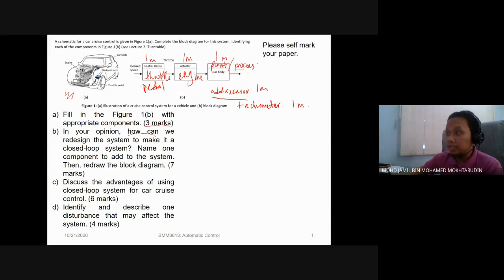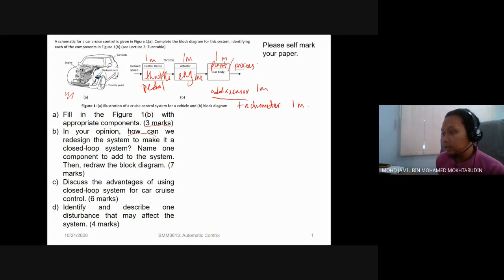Tachometer basically measures the speed. I hope automotive students should know what a tachometer is. And for pure mechie, maybe you have not really heard about tachometer, but automotive students should know.